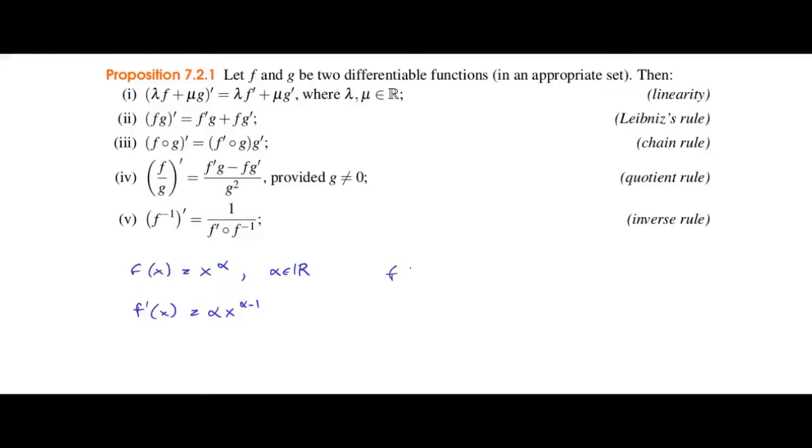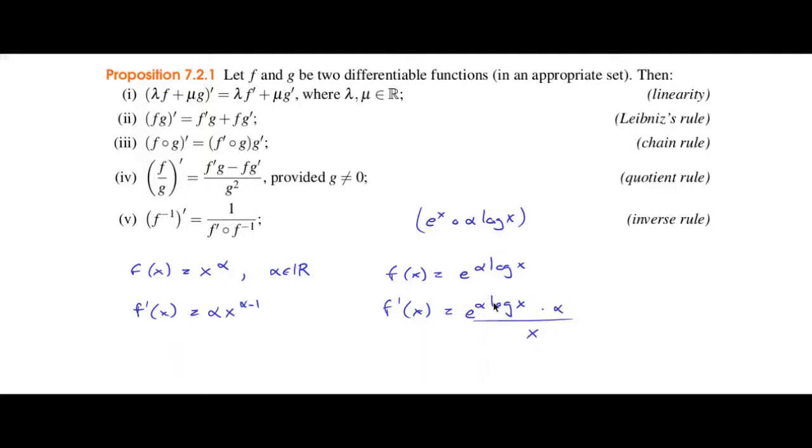Again, we can write f as e to the alpha logarithm of x. Now applying the chain rule, f prime is the derivative of the exponential composed with alpha logarithm of x, times the derivative of alpha logarithm of x, which is alpha divided by x.